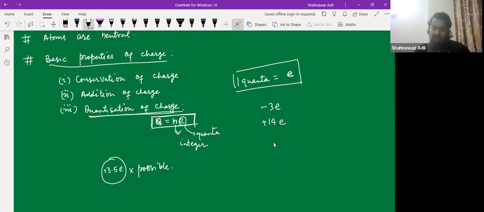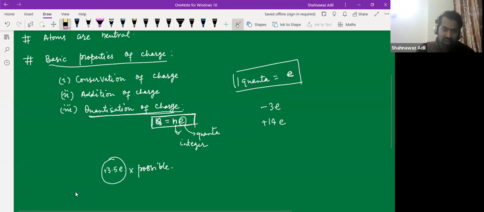If we were calculating the total number of electrons in a conducting material, there we have used this. In magnetic materials, in current electricity, in those topics we have used quantization of charge numerous times.